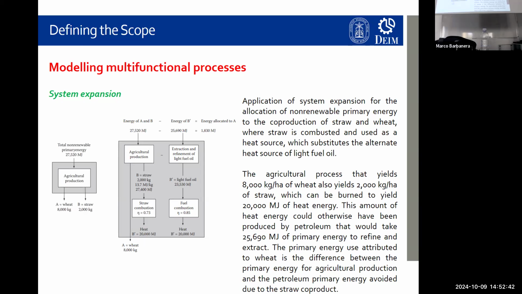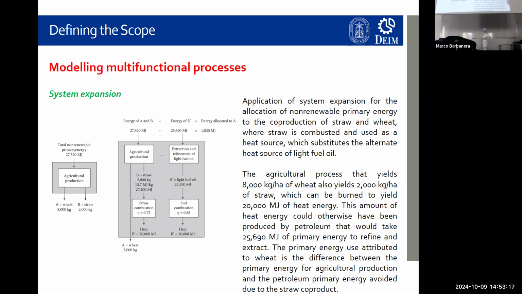This is the calculation if we want to apply the allocation procedure according to the mass content: the weight of the main product divided by the sum of the weight of the main product and the weight of the byproduct. This is the only calculation, and we apply this percentage to the overall environmental impact of the process.